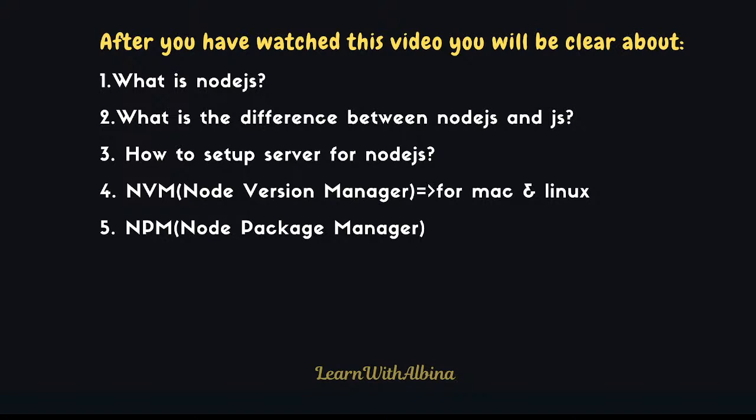So what is the difference between Node.js and JS? In the past, JavaScript was used just as a scripting language, to do certain things on the web page, on the client side. For example, JavaScript would be used for certain animations, and for calling certain functions.